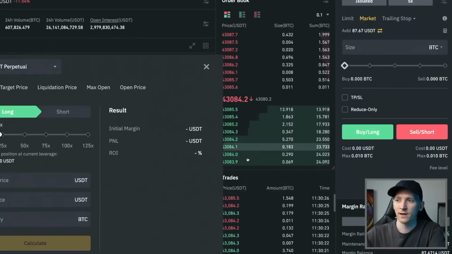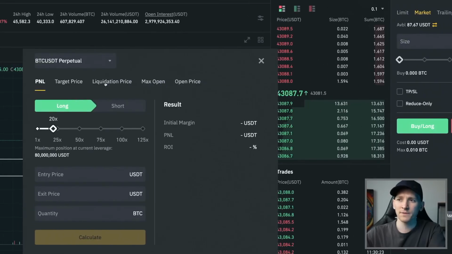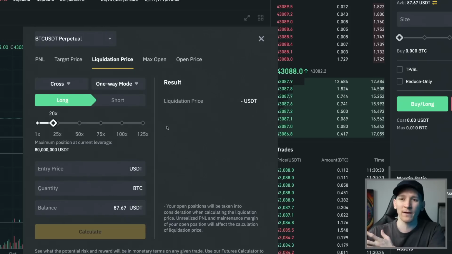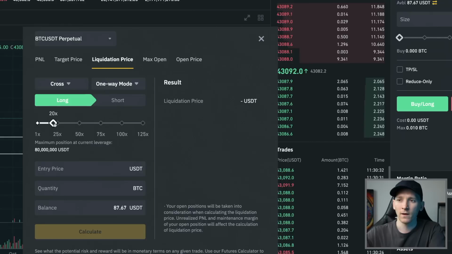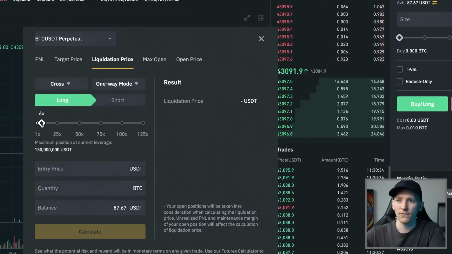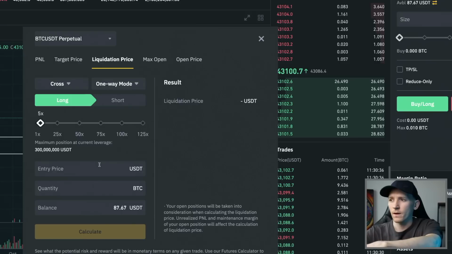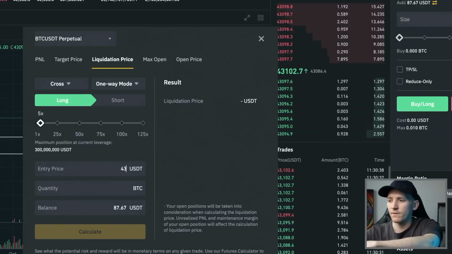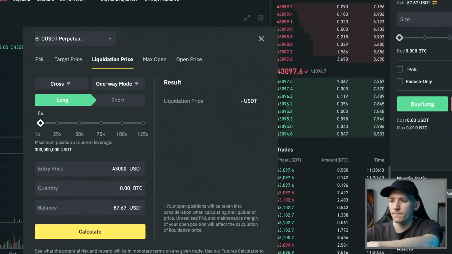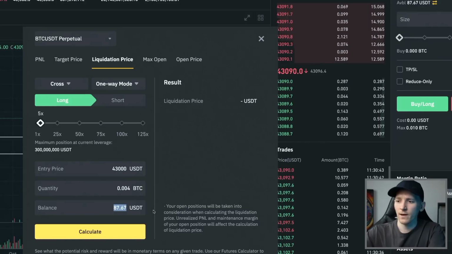If we go back to the calculator, we can do some calculations about potential liquidation prices and how much money we have to put down. So if we do 5x leverage here, it was 43,000, 0.004 BTC. Let's say we have $50 on account, calculate. So that would be our liquidation price at 30K.